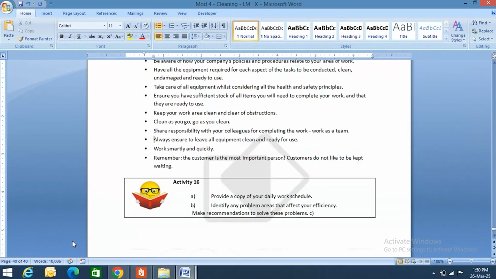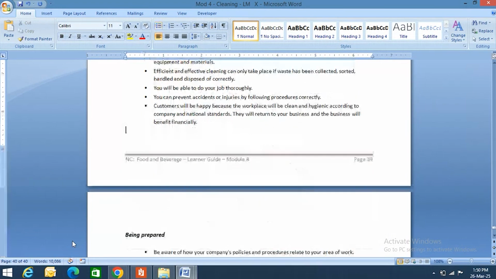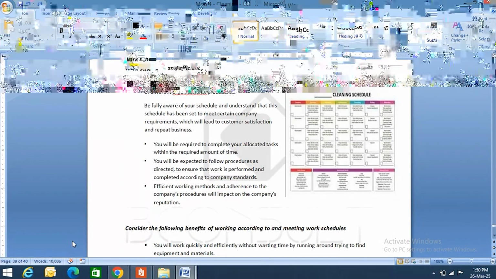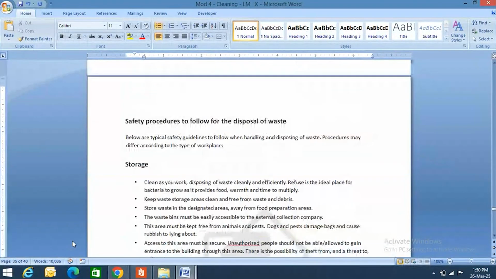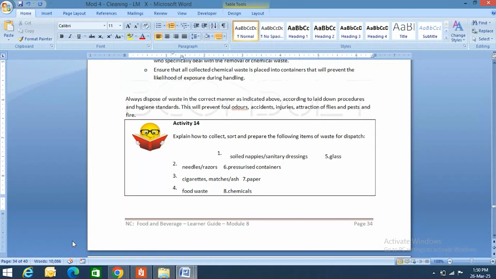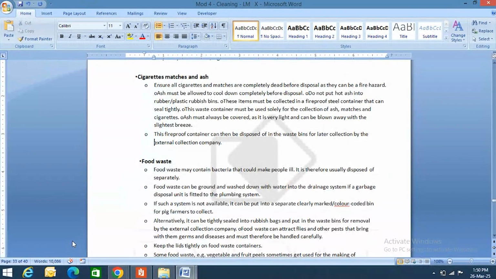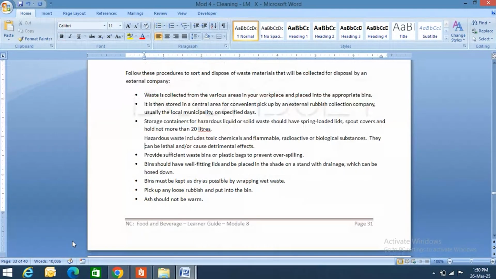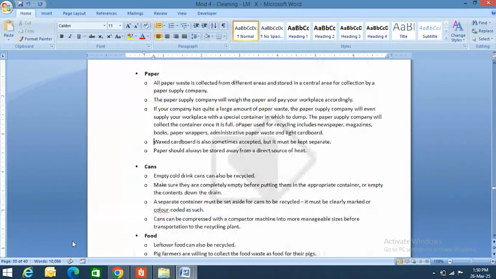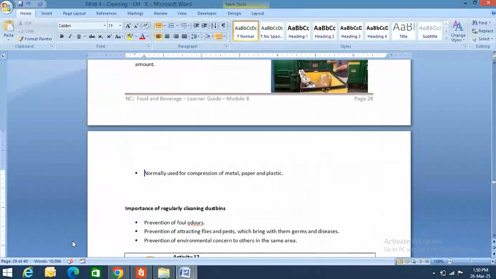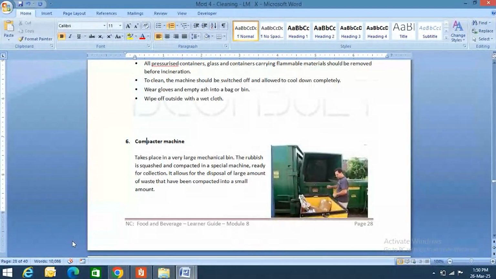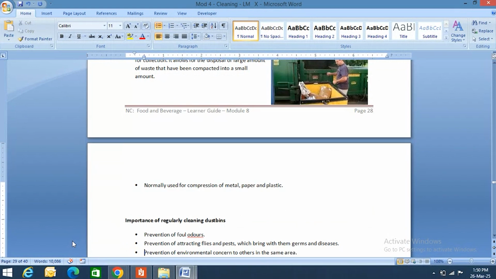Oh, they don't have it in the learner guide. Okay, so only people who are able to or who know how to handle, for example, the compactor machine. Okay, so we're gonna say this.